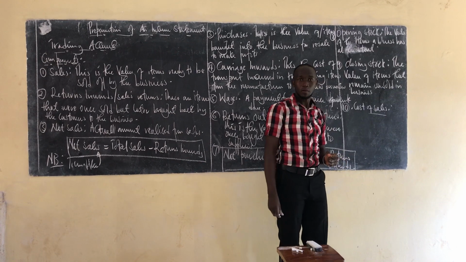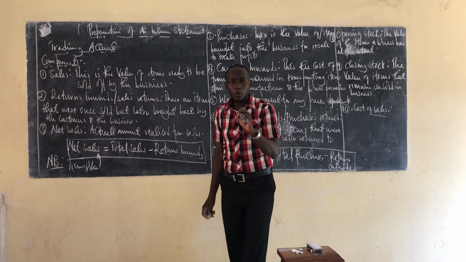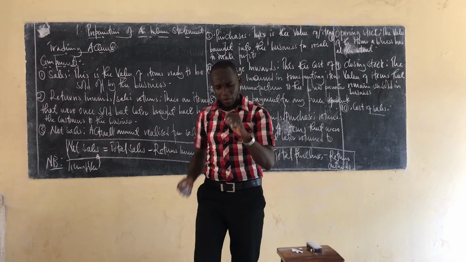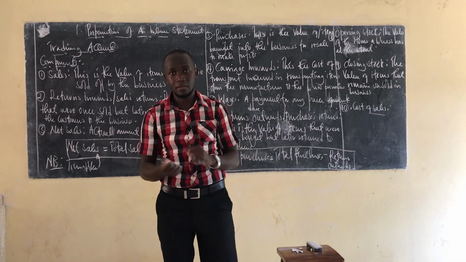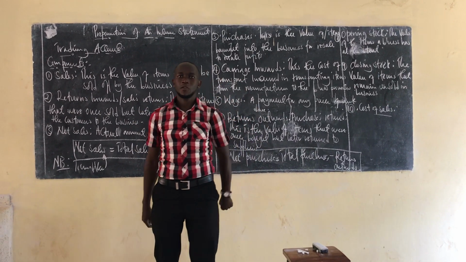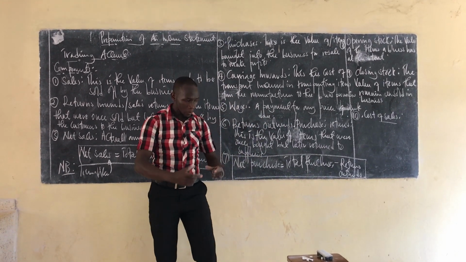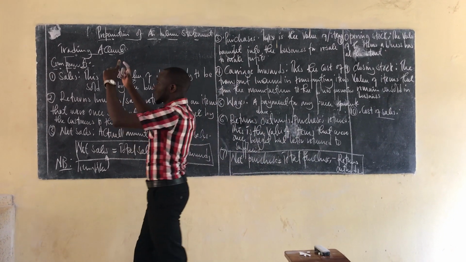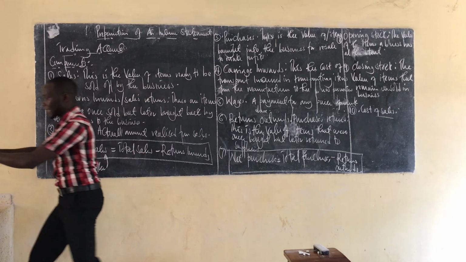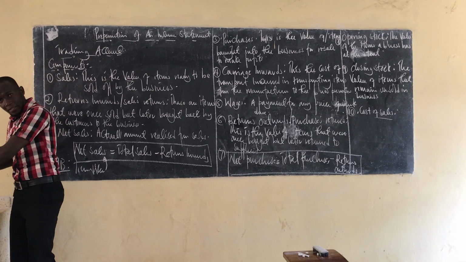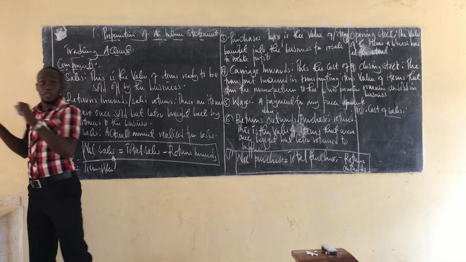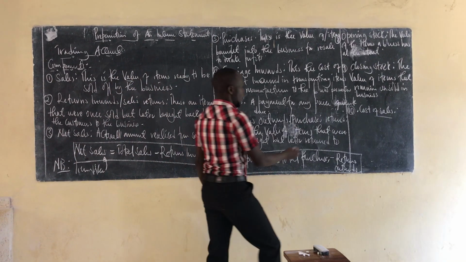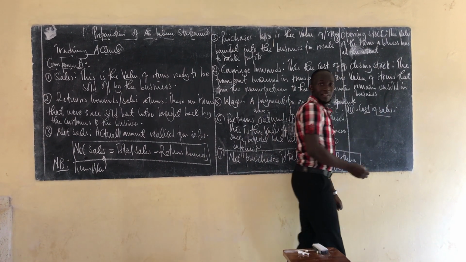The cost of sales refers to the actual value a business incurs in making purchases into the business. The amount of money that you incur in making purchases. When you make purchases, you bring items into the business. After bringing items into the business, these items become sales. That's why we say cost of sales.